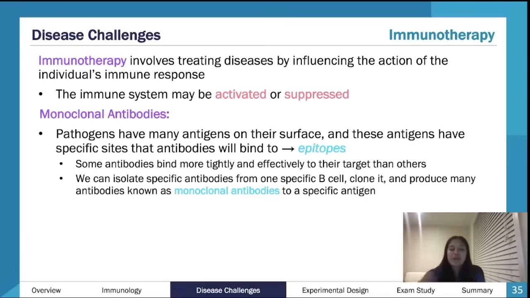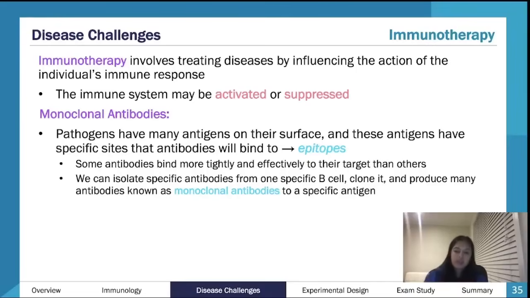The mouse will mount an immune response against this specific antigen. So, again, think about that little diagram, and they'll all have this specific receptor to this antibody. So we're going to create plasma cells, and they're going to create antibodies that have specific receptors and will target this cancerous antigen.